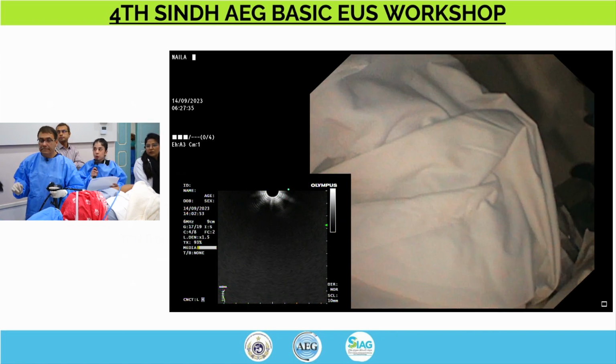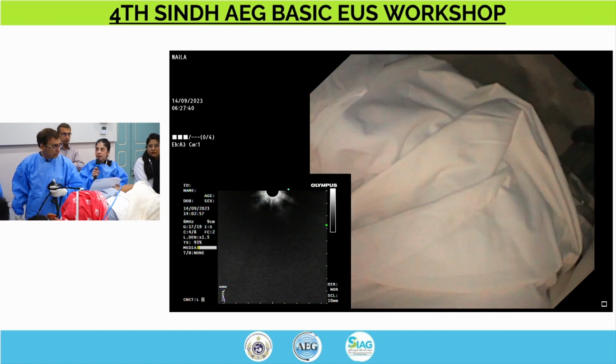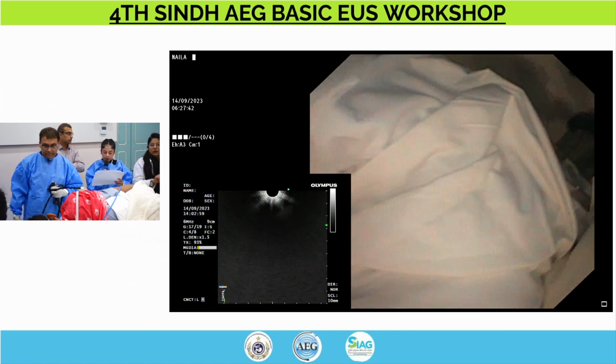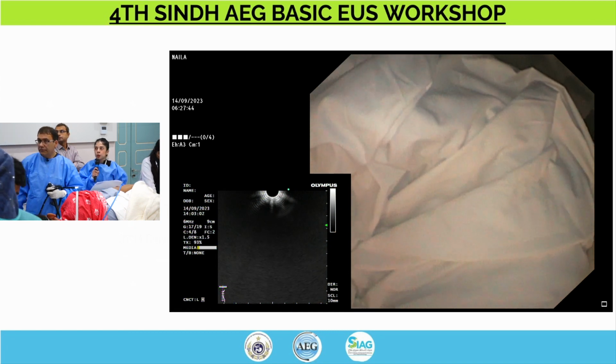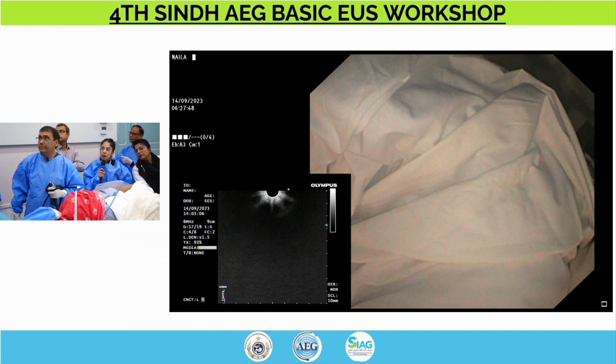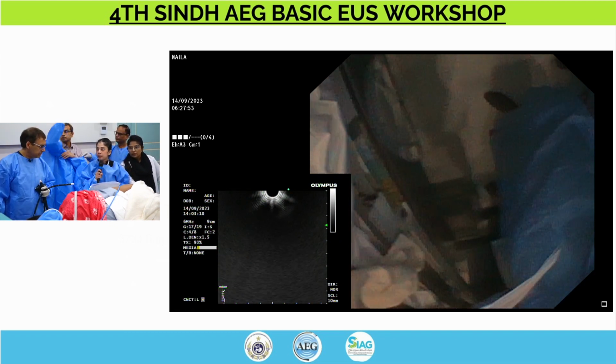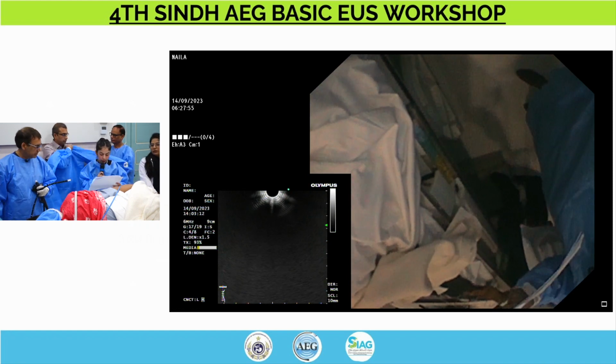So she proceeded for an ERCP, and the ERCP had shown multiple filling defects, but a narrowing at the distal end of the CBD. So balloon sweeps could not be adequately done, so a stent was placed. So currently we're evaluating the CBD stricture and seeing how long it is, seeing with the surrounding structure. So let's see what we find.